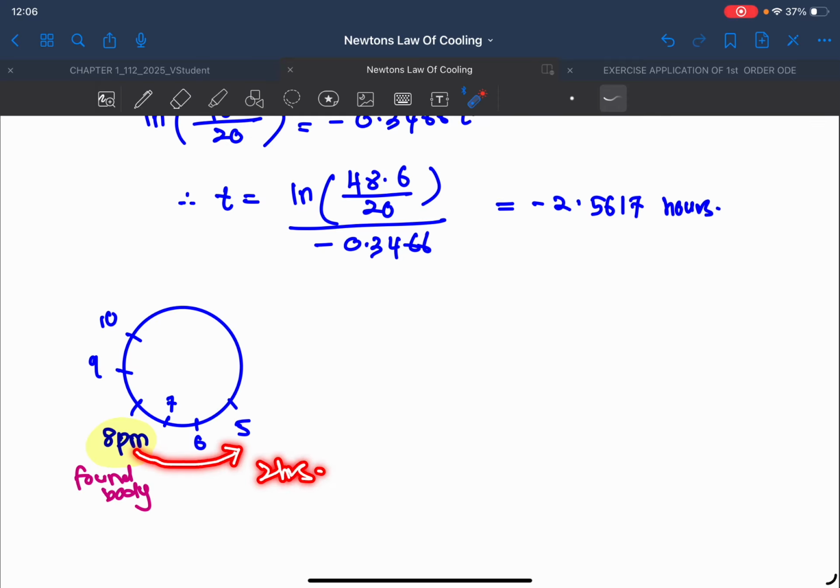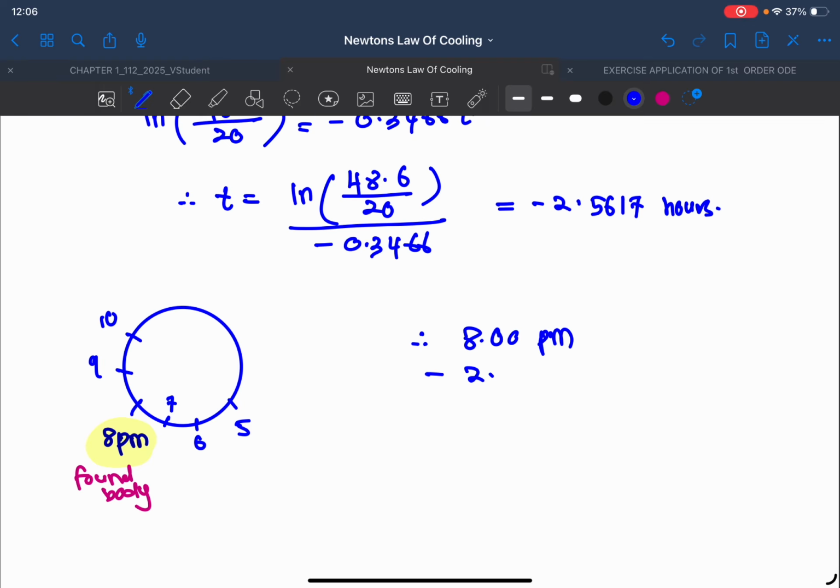So we estimate our t is negative 2.56 hours.